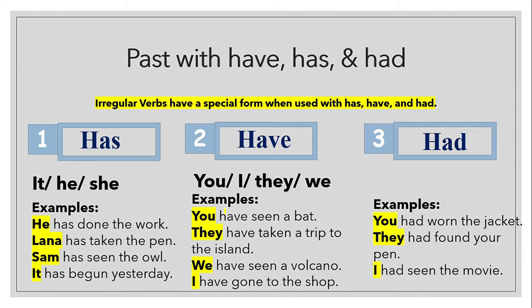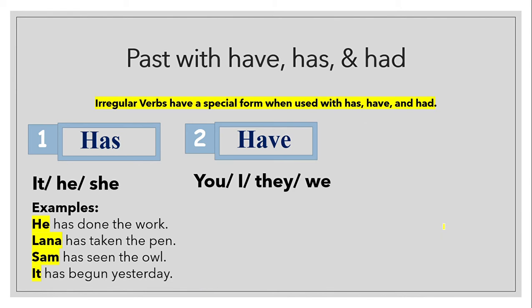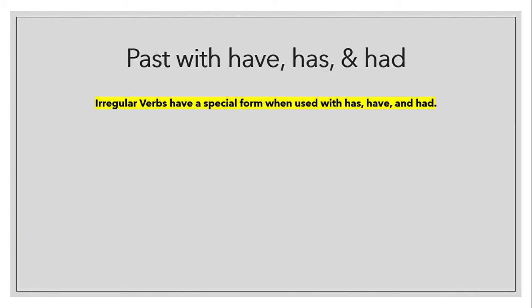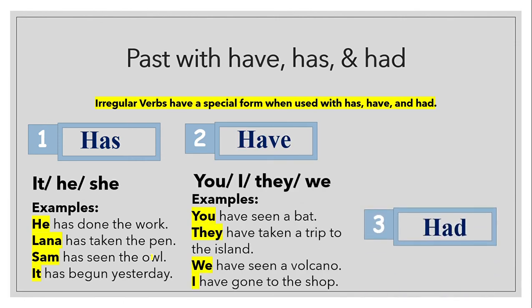So had: you had worn the jacket. They had found your pen. I had seen the movie. So worn: wear, wore, worn, had worn. Not had wore or had wear. We use had worn.